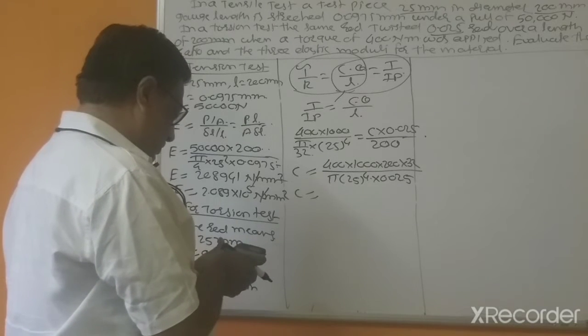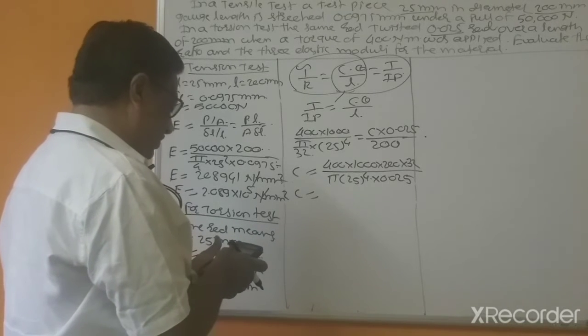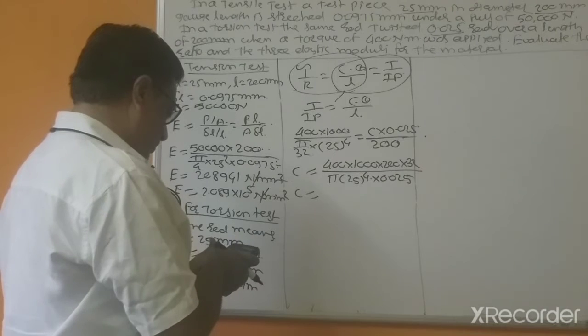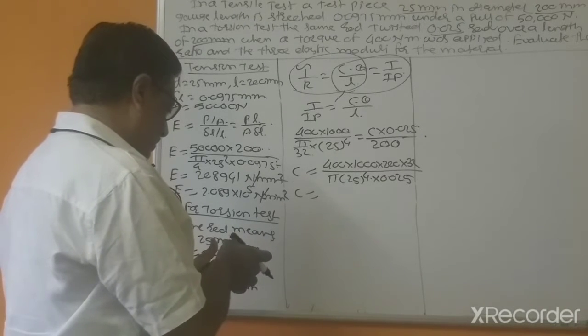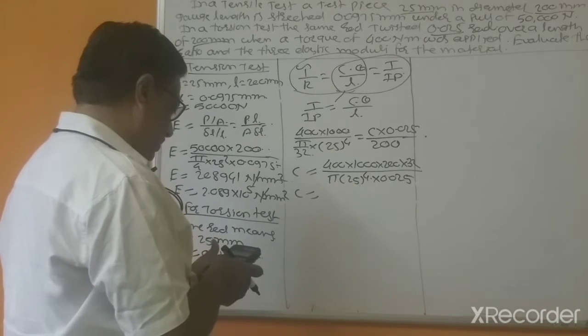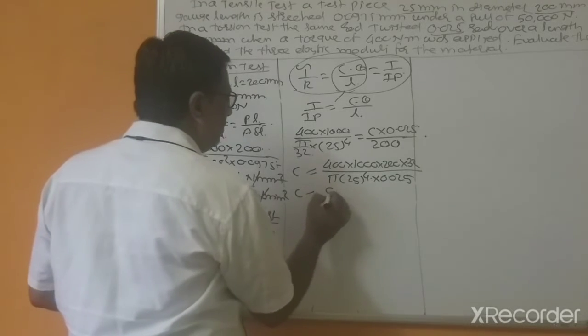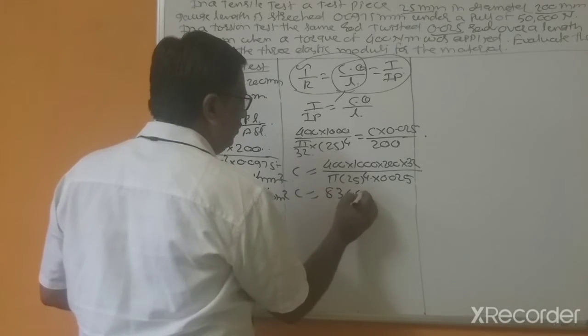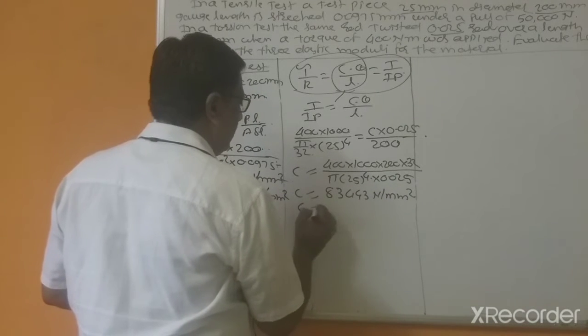So 400 multiplied by 1000 multiplied by 200 multiplied by 32 divided by this, this is 83443 Newton per mm squared.